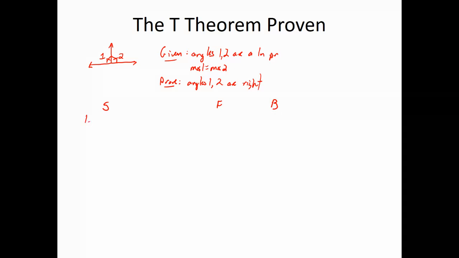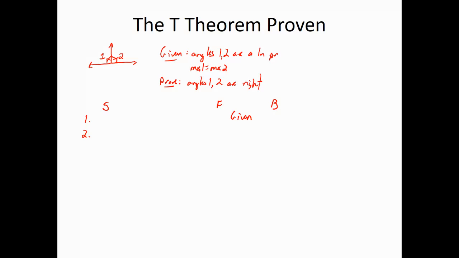Okay, so we know what line number 1 is. It's simply the given. For the sake of time, allow me not to repeat the given here. We know precisely what it is. We've written it once already, and I hereby give you permission to do the same if the given has already been stated up top. Okay, so, well, we have a linear pair.